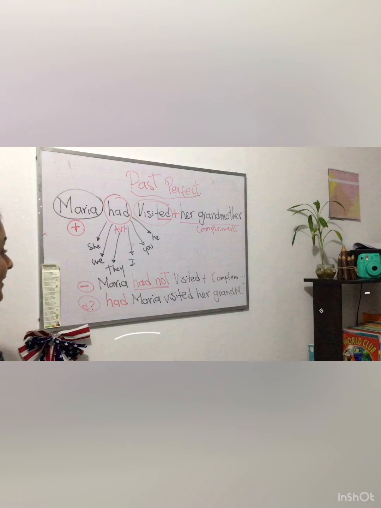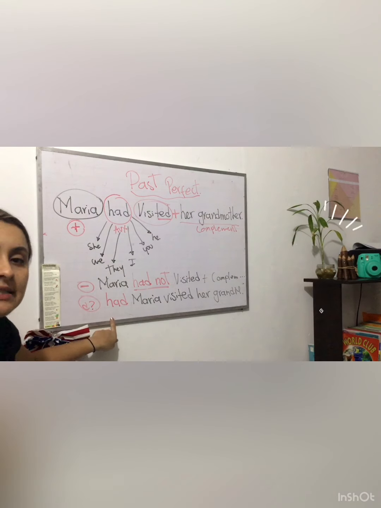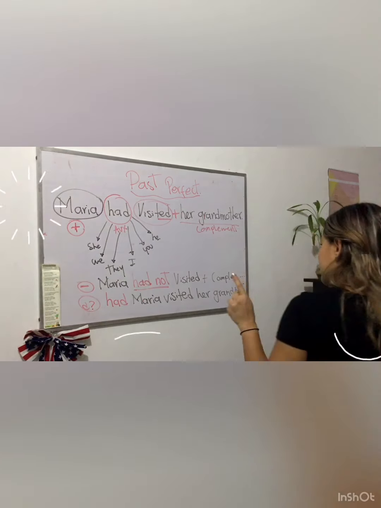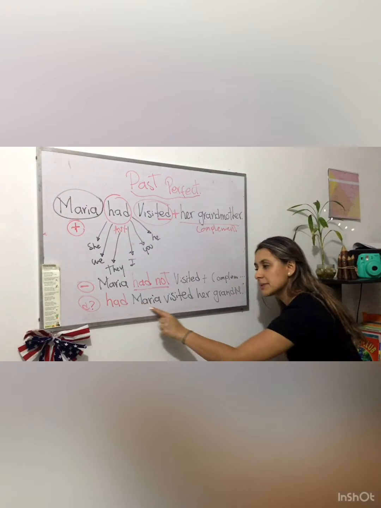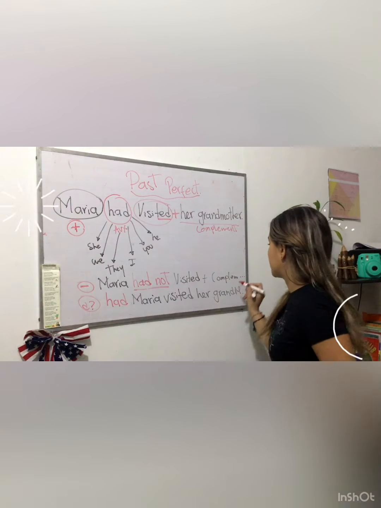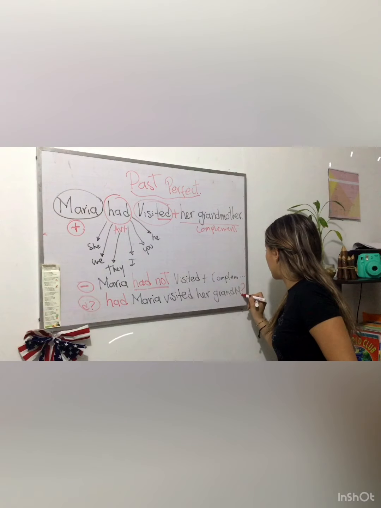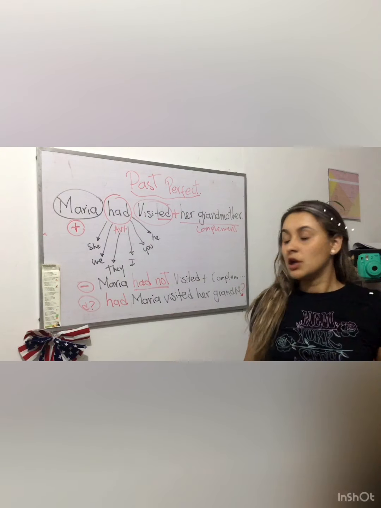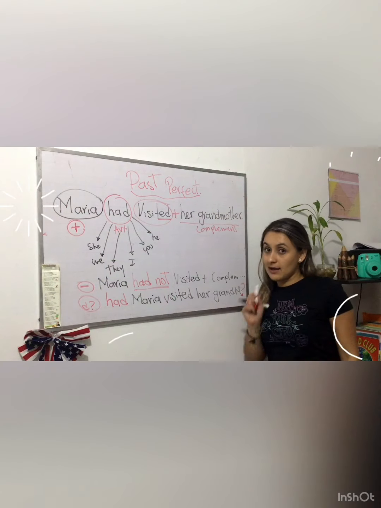Okay? So, there we go. What is missing? ¿Qué nos está faltando? ¿Qué nos estará faltando en esta pregunta? ¿Qué será? El question mark, okay? Remember, if you have questions, you need the question mark at the end, al final.